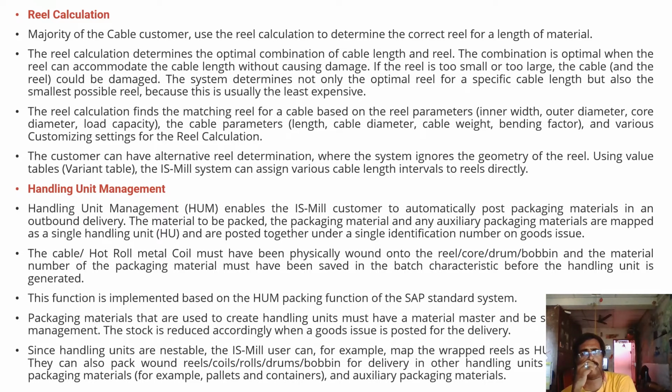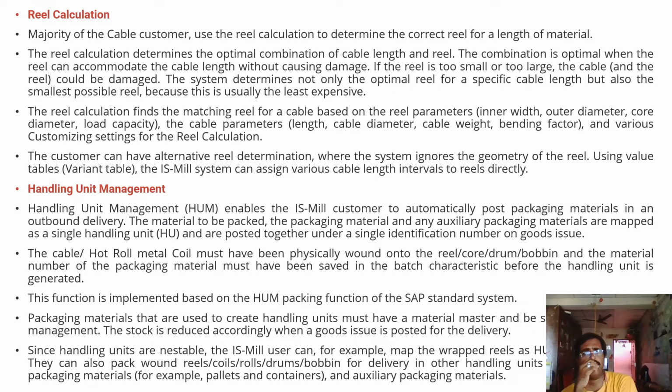So the material to be packed, the packaging material and any auxiliary packaging materials are mapped as a single handling unit HU and are posted together under a single identification number on a goods issue. This is very important for SD guys, logistic guys.